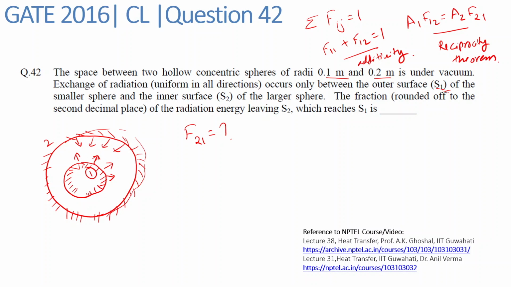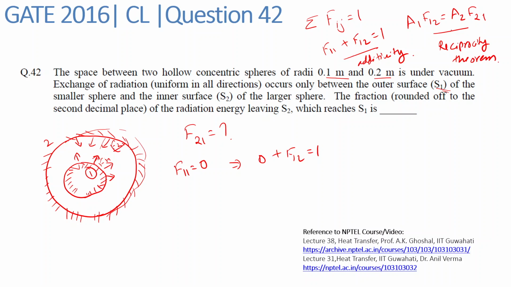It will come back only after reflecting from the first surface, and if it reflects back from the first surface, then we treat it as F21 and this is F11. Since none of the radiation leaving this outer surface will come back to the same surface again, we write F11 as 0. So we put F11 equal to 0 in the additivity rule, and it gives us 0 plus F12 is equal to 1.